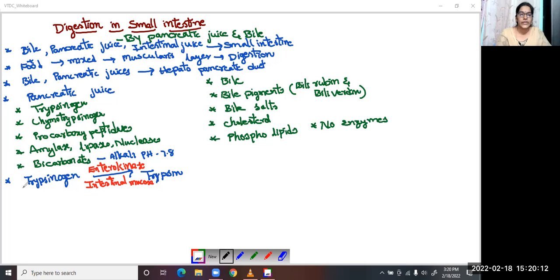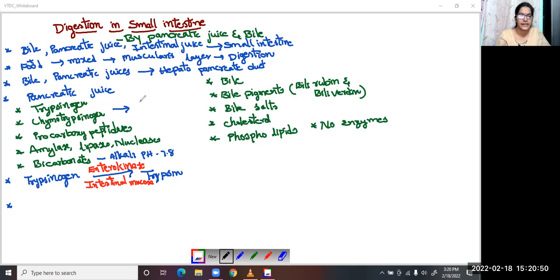So it is important to remember this point. Trypsinogen gets activated into trypsin in the presence of enzyme that is enterokinase. And enterokinase enzyme was liberated by, answer is intestinal mucosa. This activated trypsin further acts upon the remaining inactive enzymes and gets them activated.